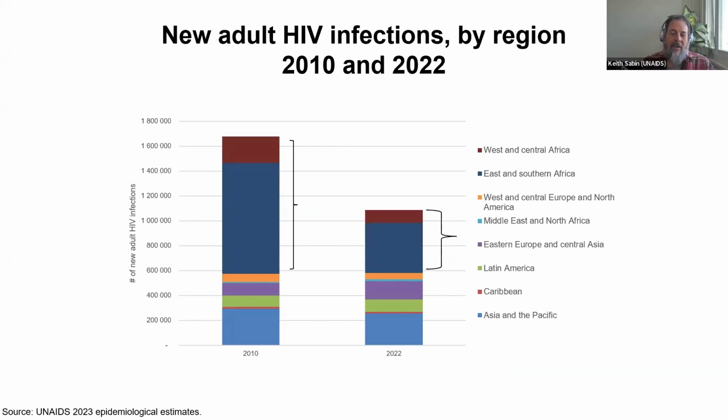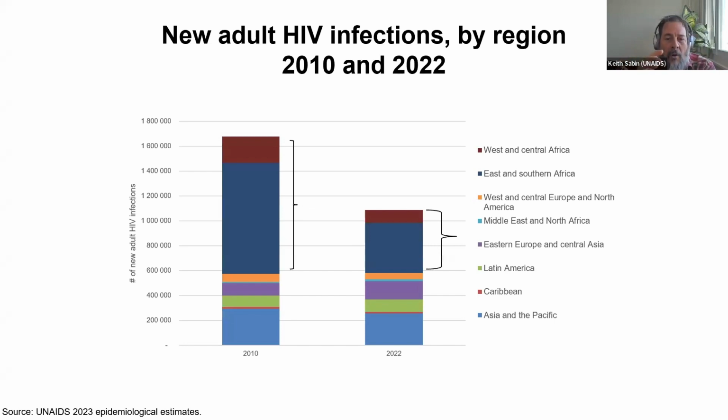And the number of new adult HIV infections, all that success that we're seeing, is occurring primarily in West and Central Africa and East and Southern Africa. And here it is numerically, it's the same data that informed the proportional change from the earlier slides. So what we can see, if you look carefully, is that the top two colored bars, the dark red and the dark blue, represent sub-Saharan Africa.